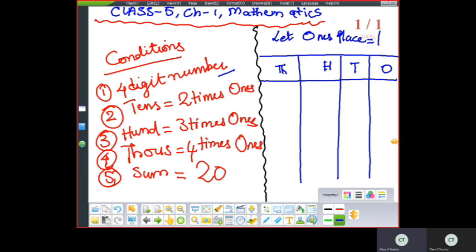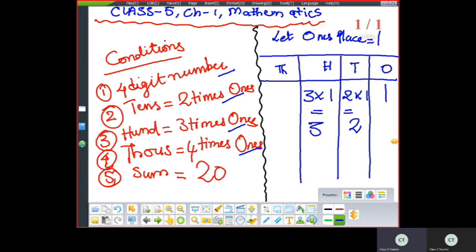Then ones place number is 1. Now tens place number is equal to 2 times ones, so it is 2 into 1, which gives 2. Then hundreds place number is 3 times, so 3 into 1 gives 3.